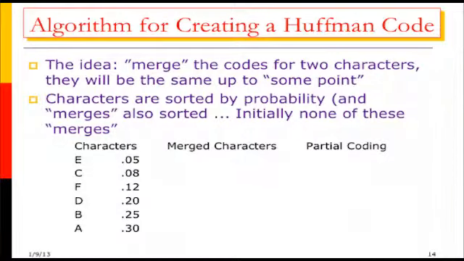And suppose, I just put arbitrary numbers down here, that A's occur 30% of the time, B's 25% of the time, D's 20% of the time, F's, C's, and E's. Obviously, this isn't standard words in English, but they're arbitrary frequencies.